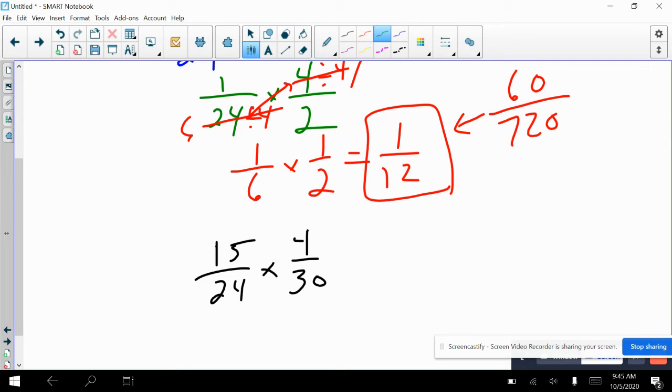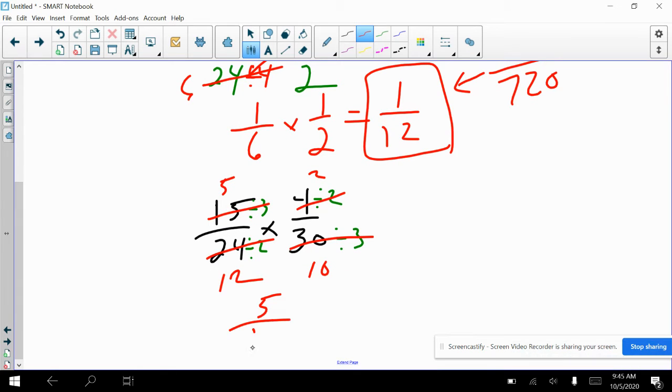Okay, what if we only recognized that we would divide by 3 here? And what if we recognize that we divided by 2 here? Let's do that. So this would be a 5, this would be a 2, this would be a 12, and this would be a 10. You agree?